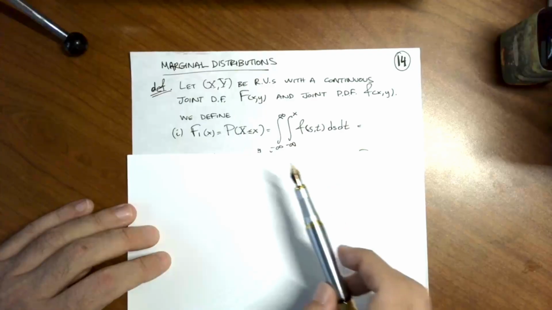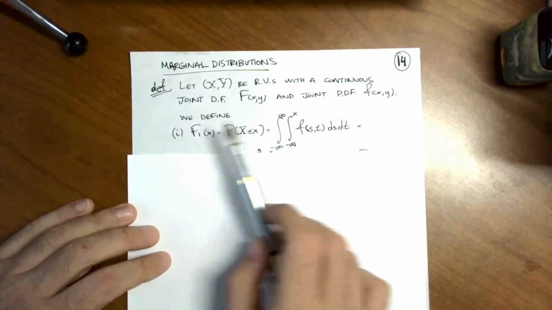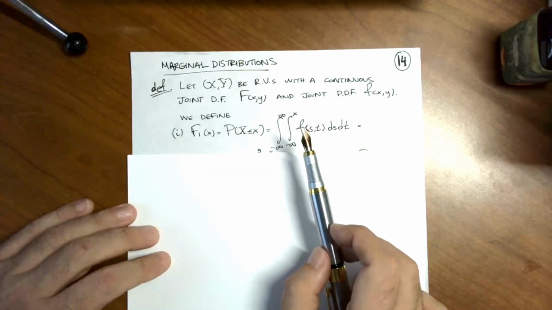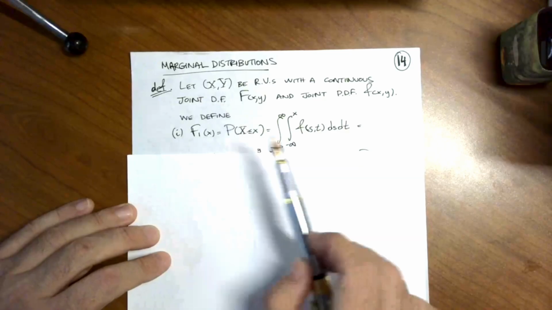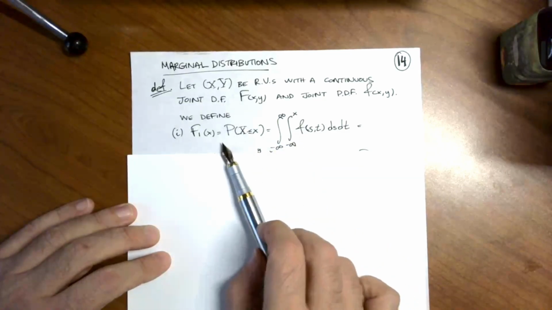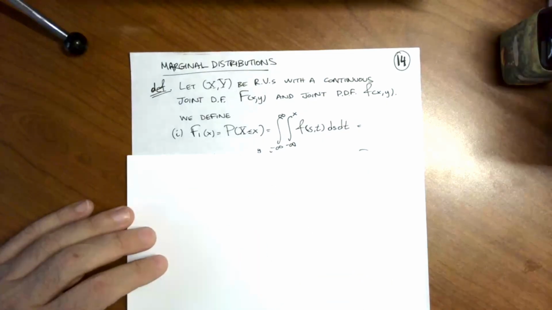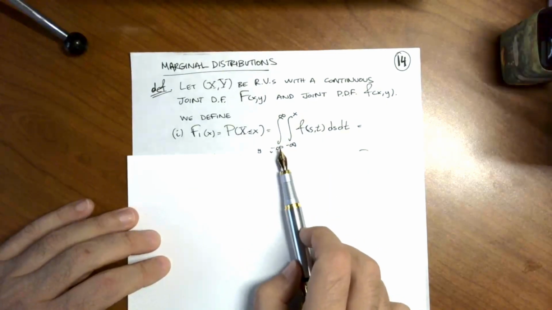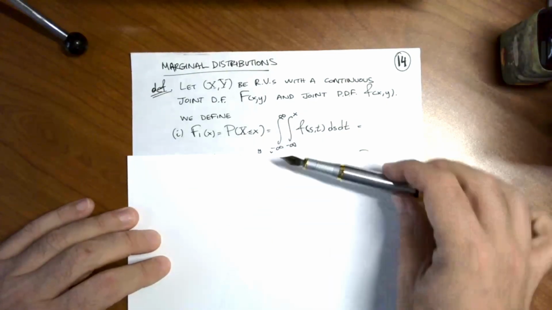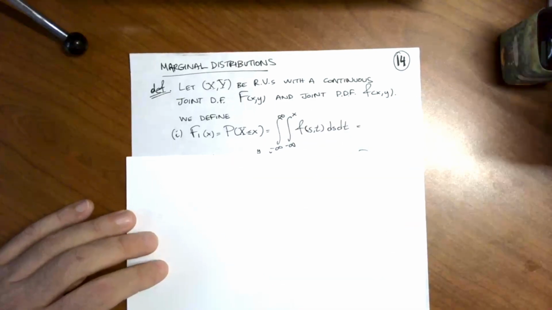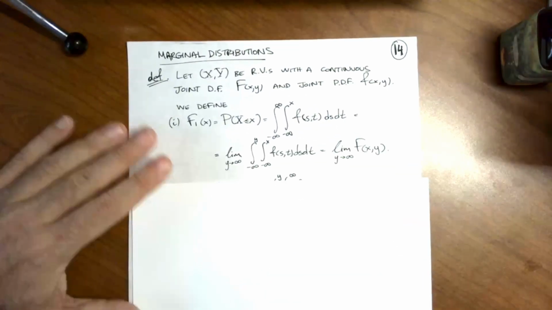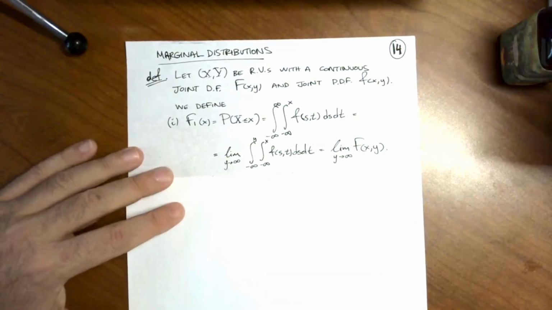We are in this space of jointly distributed x and y variables, but we're trying to pick up only information that relates to x. We're not going to give any consideration to what is happening with y. That's why we let y range from minus infinity to infinity for this integral. How do you solve something like this?